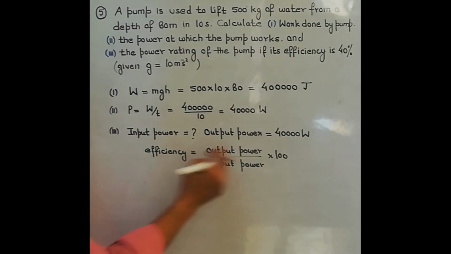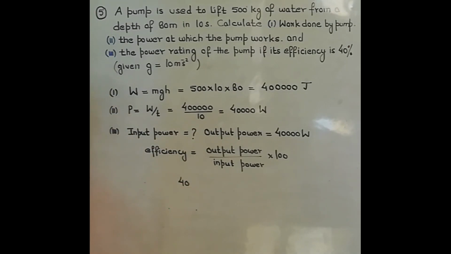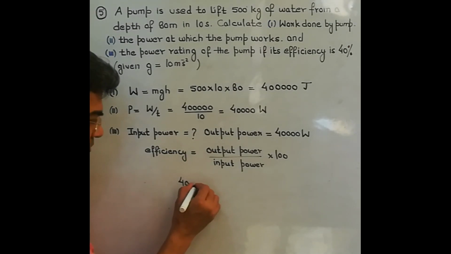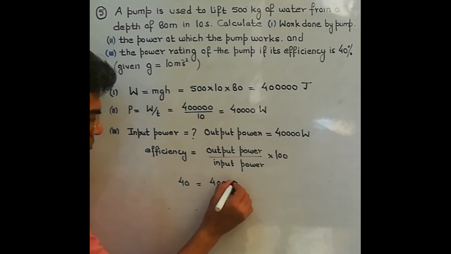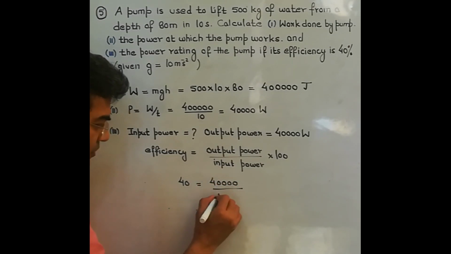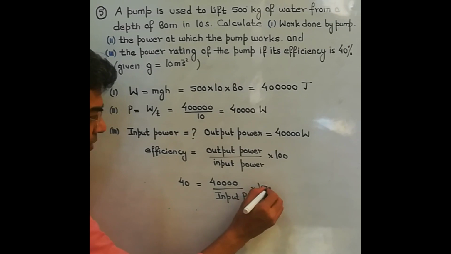Its efficiency percent, so into 100. So we have 40 is the efficiency given. Output is 40,000. Input power is to be calculated.